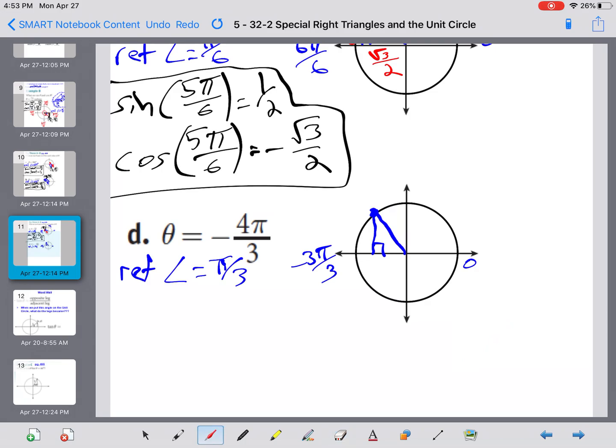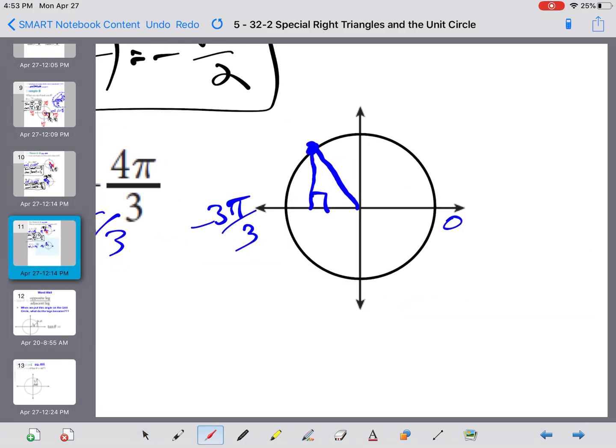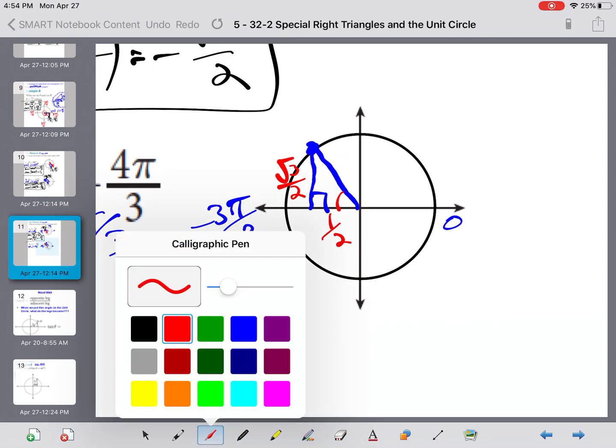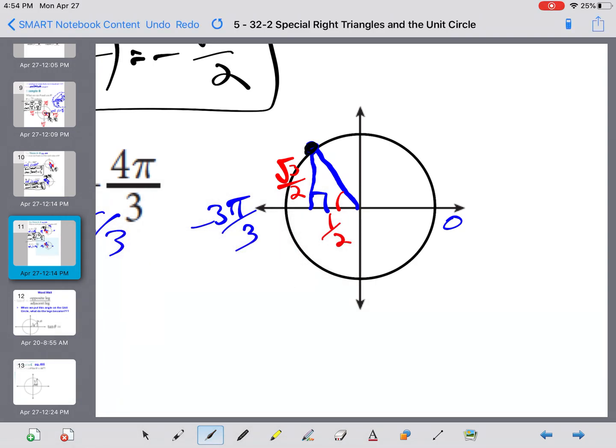Let me make this a little bigger. So across from 60, so this is right here, that's the pi over 3, that's the equivalent of 60. So across from that is root 3 over 2. Across from 30 is 1/2. So the xy value at this point up here would be negative 1/2 x value, and then positive root 3 over 2 as the y value.